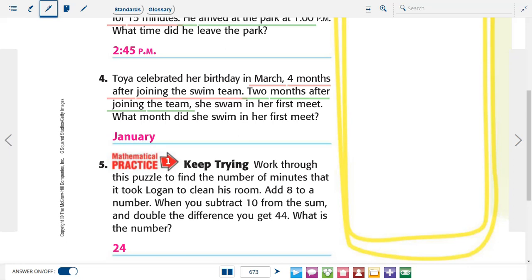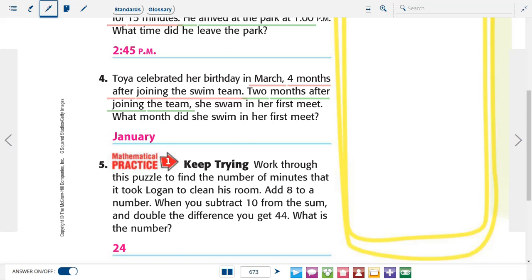So we need to find the time she joined the swim team to continue solving the question. We know that March is the third month, so get back 4 months. February, January, December, November. So when did she join the swim team? In November.